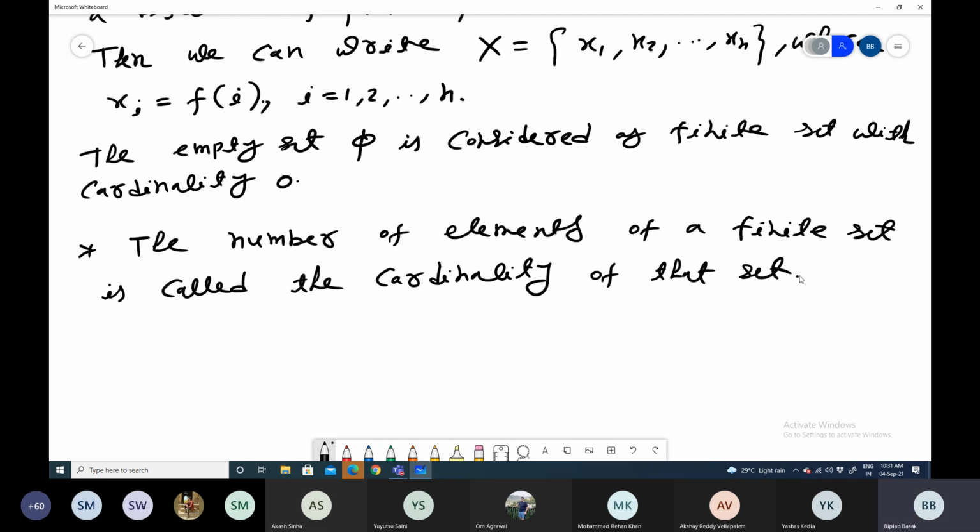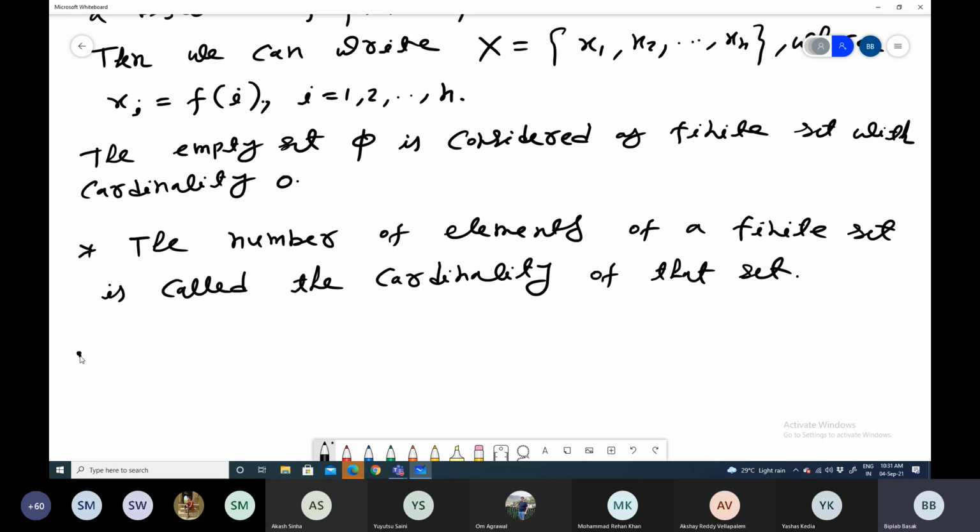Okay, so for the time being we define cardinality for a finite set only. We are not defining the cardinality for an infinite set for the time being. We will define that later. When we define the cardinality of infinite sets, it will give a long theory, and we will do that later. Okay, so this is the finite set.